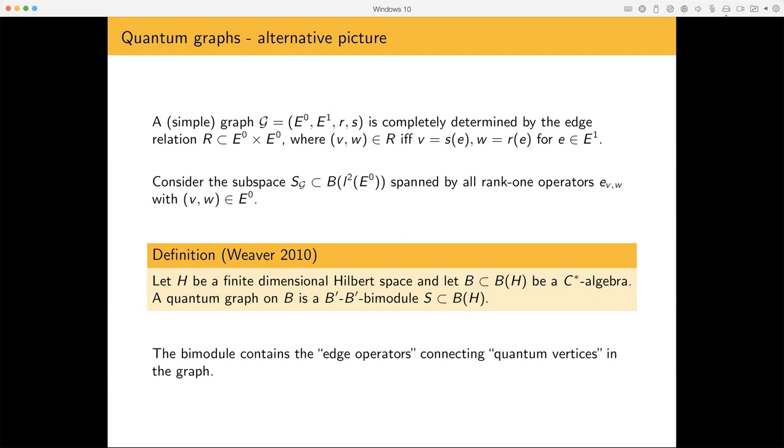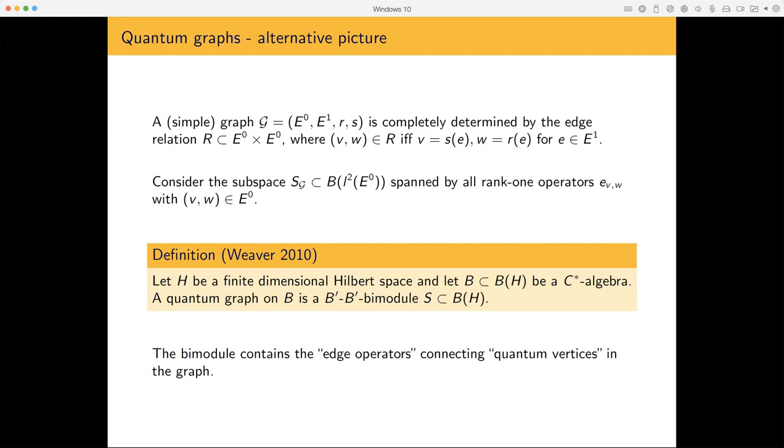You can multiply things and you stay inside this subspace. Does that make sense? B prime is the commutant, so that's another algebra, and you can still ask for things to be bimodular over that, with respect to the natural multiplication action in B of H.